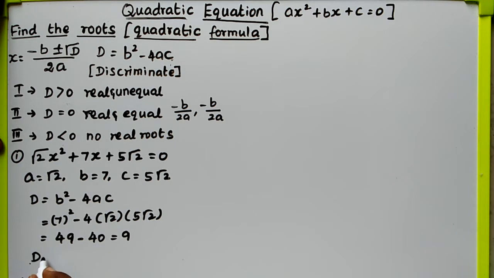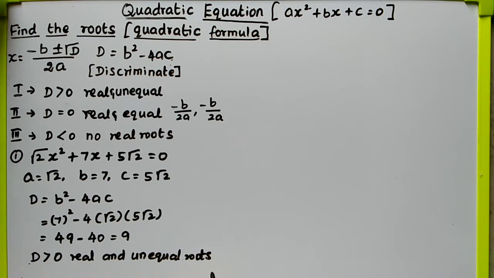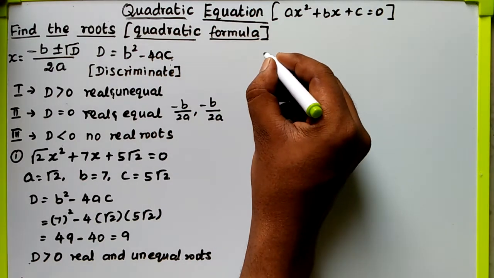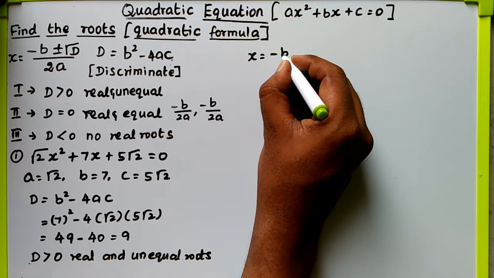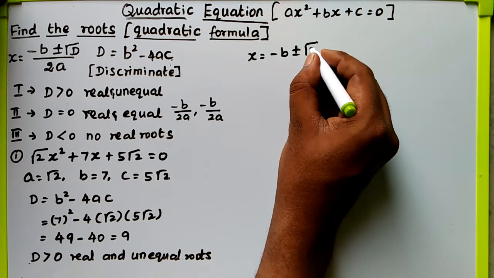So D is greater than 0, we can write real and unequal roots.